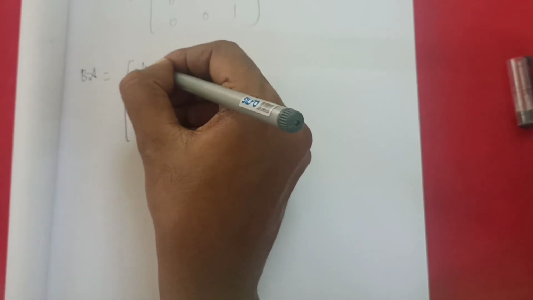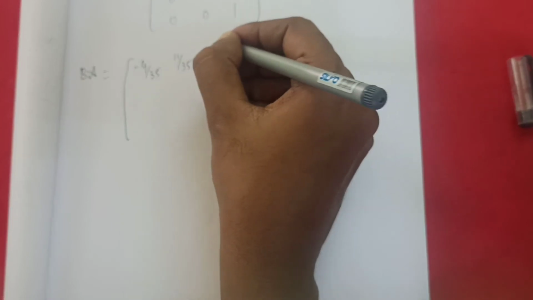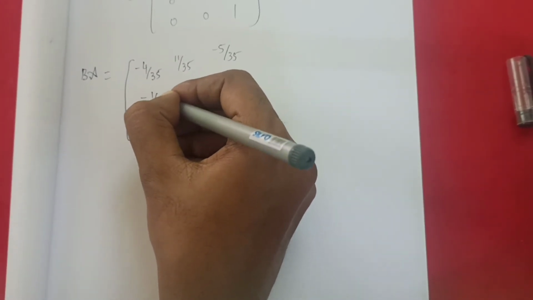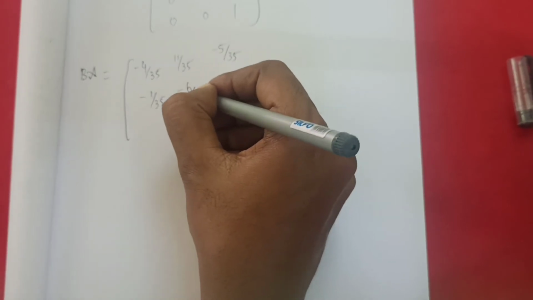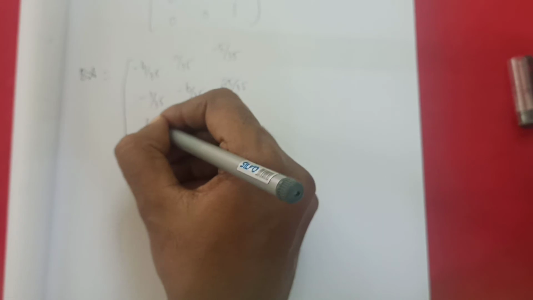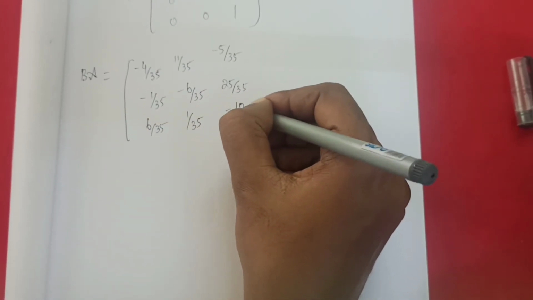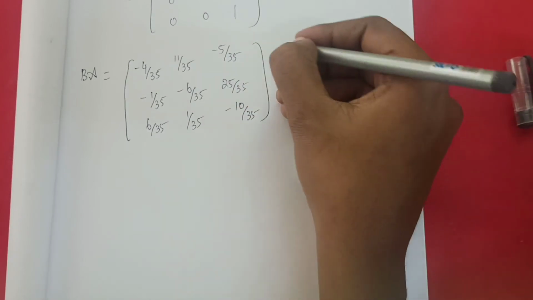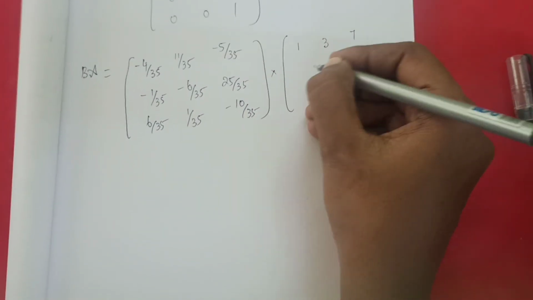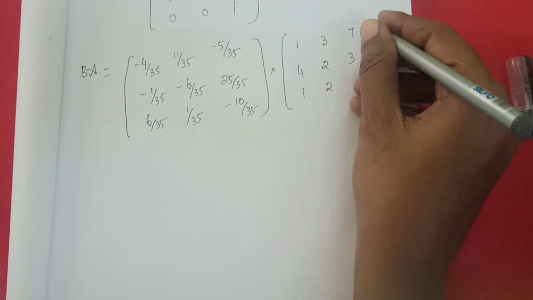B is minus 4 by 35, 11 by 35, minus 5 by 35, minus 1 by 35, minus 6 by 35, 25 by 35, 6 by 35, 1 by 35, minus 10 by 35, into the A value 1, 3, 7, 4, 2, 3, 1, 2, 1.